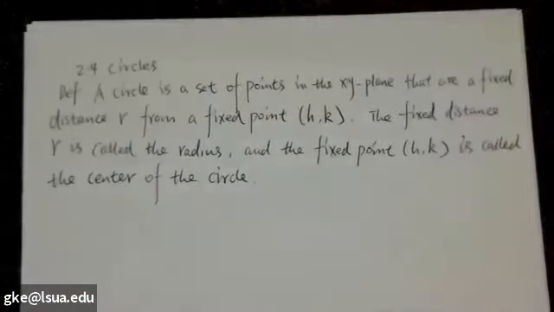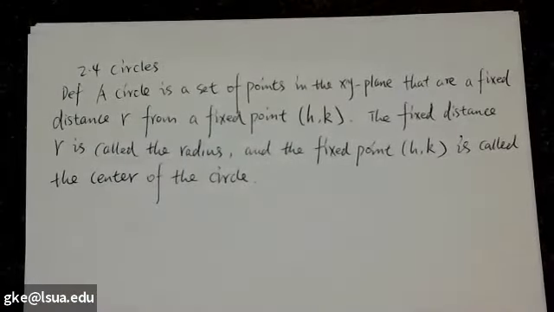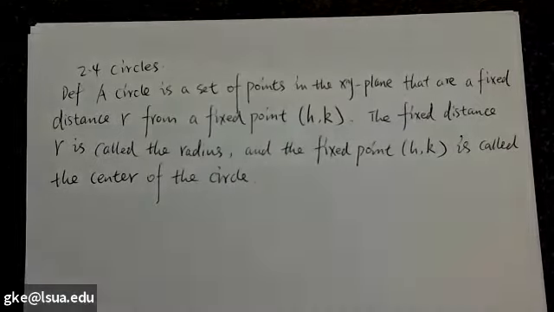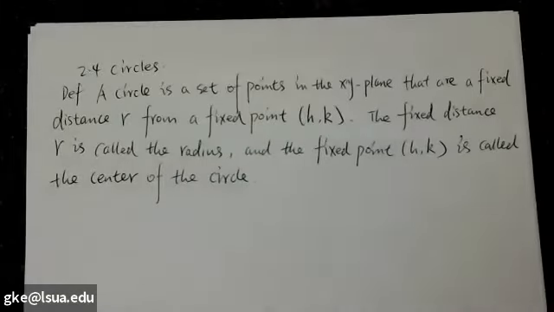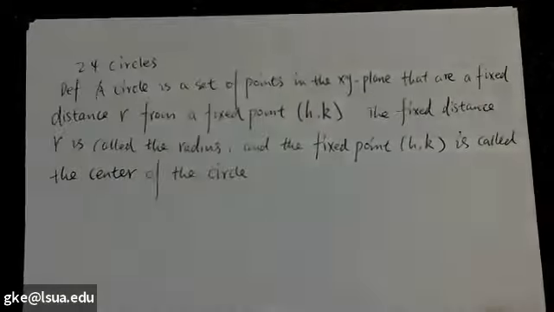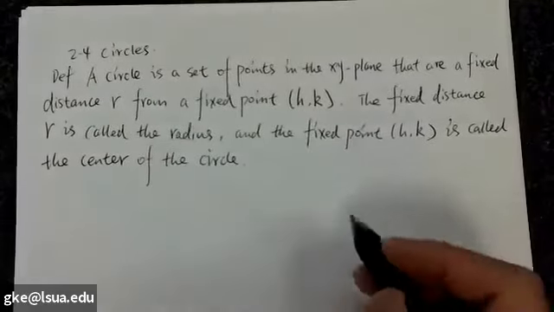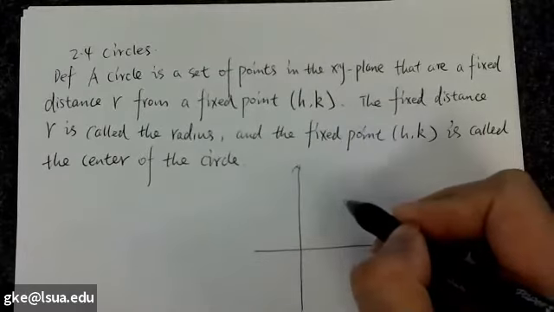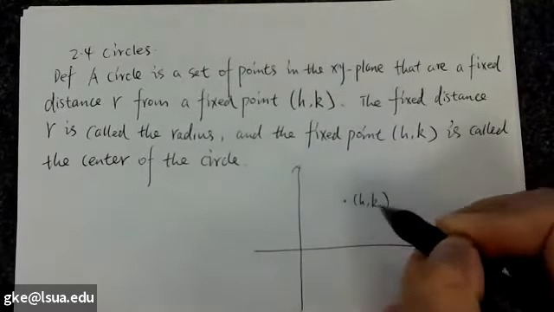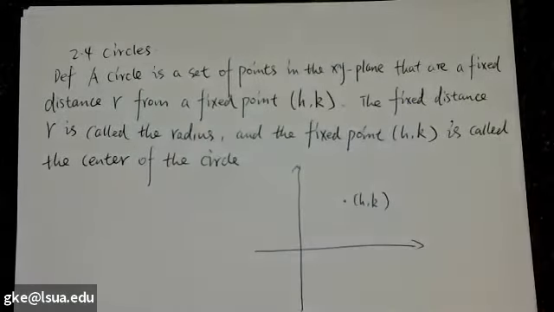So let's take a look at the definition. I would like to draw a circle in the coordinate system. So we have a coordinate system, and that is (h, k). That's one point, a fixed point (h, k).